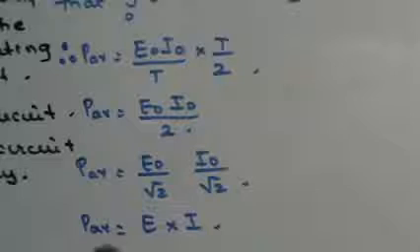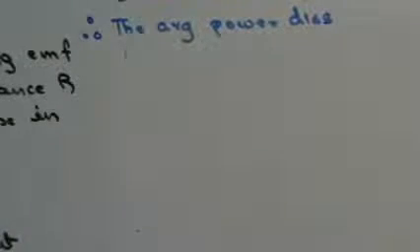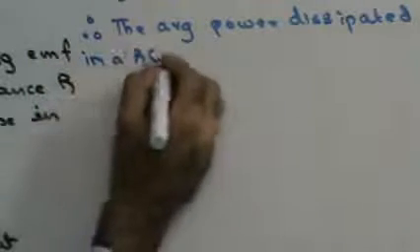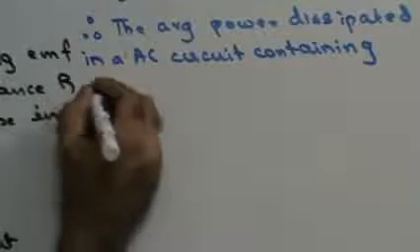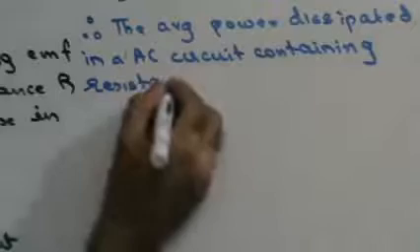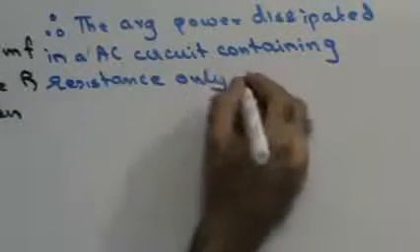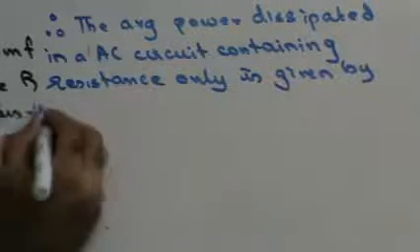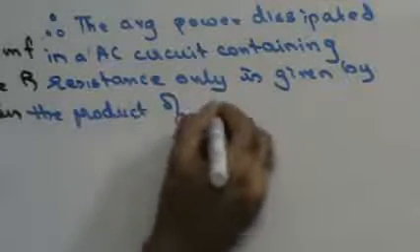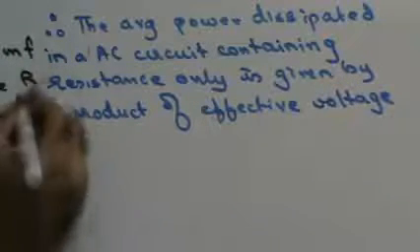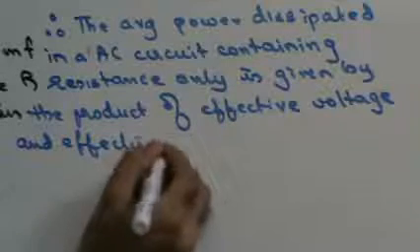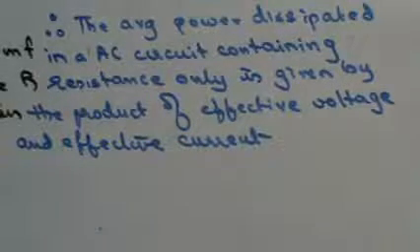So I can therefore say, the average power dissipated in an AC circuit containing resistance only is given by the product of effective voltage and effective current.